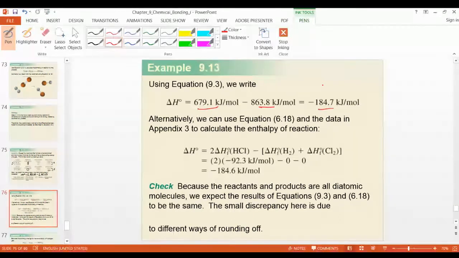Bond energy absorbed in bond broken, right? And bond energy released in bond formation. Remember that whenever the bond is formed, the energy is released. Whenever the bond is broken, energy is required to break the bond. Any question now?